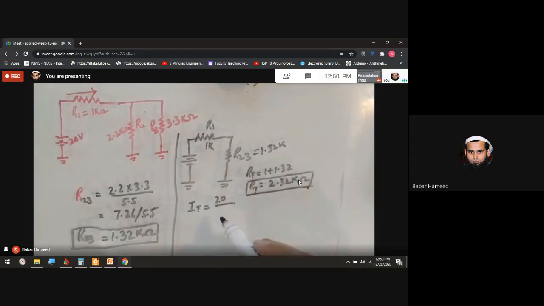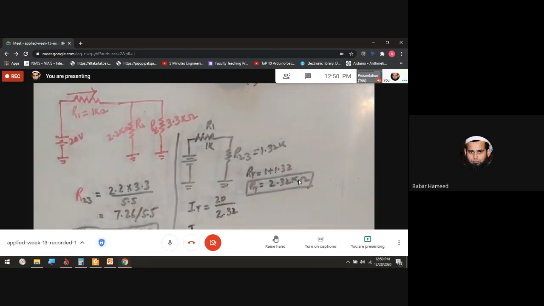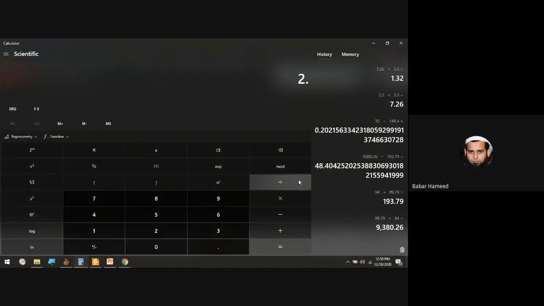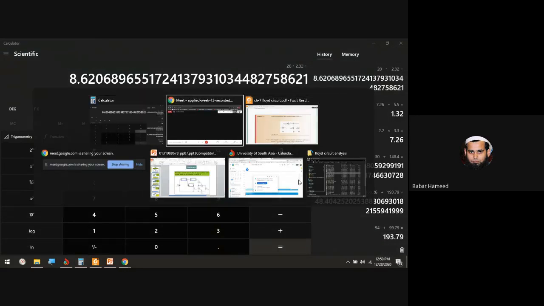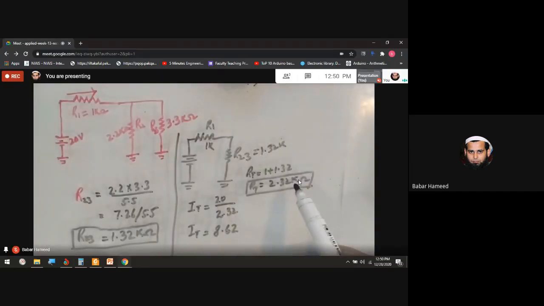So IT, I can calculate total current. That will be Vs 20 divided by the sum of both, because these are in series, and total current in a series circuit depends upon the combined effect of the resistances. IT will be equal to total voltage over total resistance. So IT will be equal to 20 divided by 2.32, and it should be equal to 8.62. And as 2.32 is kilo, so kilo in the denominator will become milli in the numerator, and voltage divided by ohm will result in ampere.